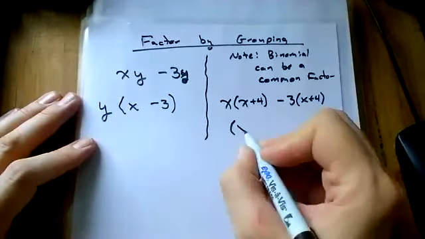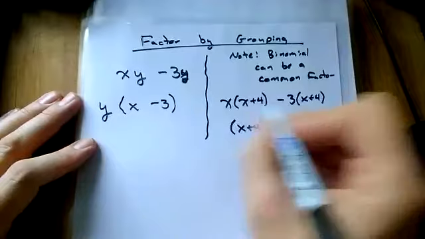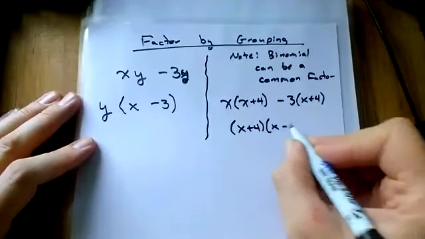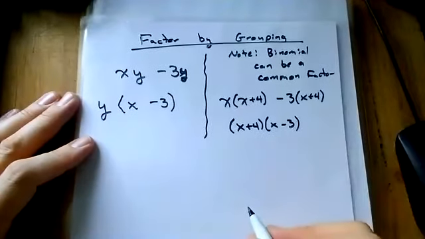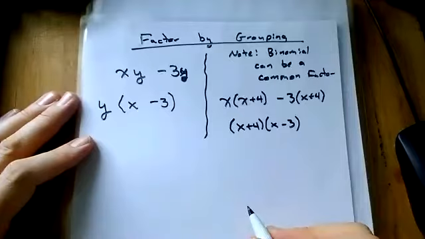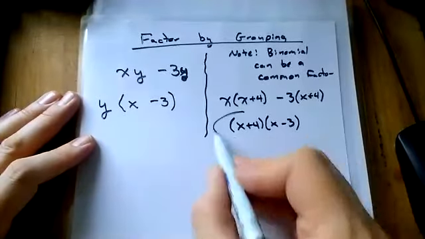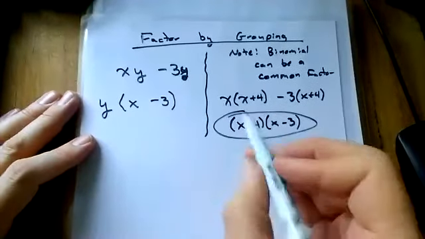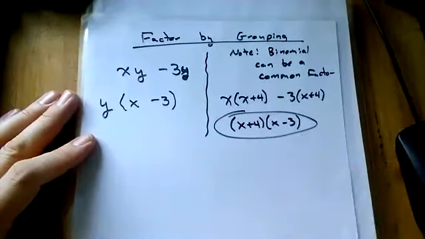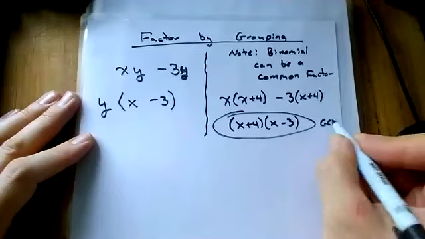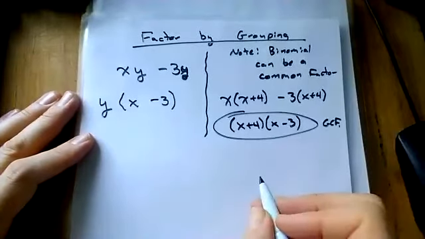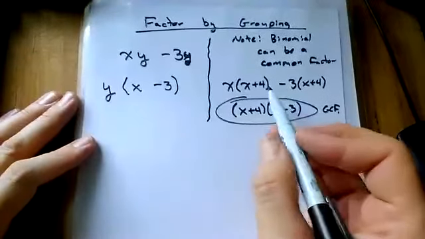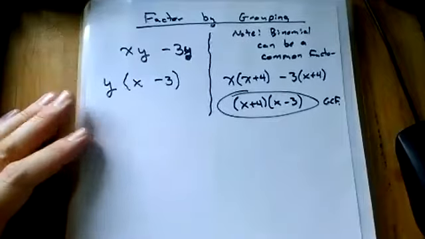I could factor out that x plus 4, and I've got my x minus 3. So this is the process that we're just sort of pulling out a common binomial. This is actually just another type of greatest common factor. The greatest common factor in this case was x plus 4.